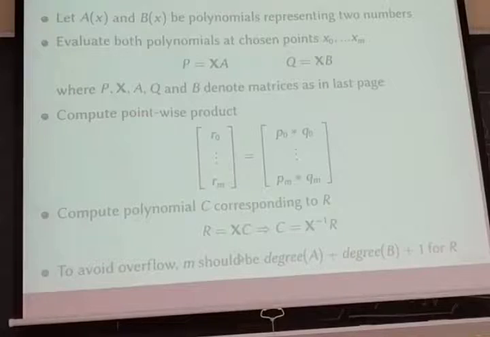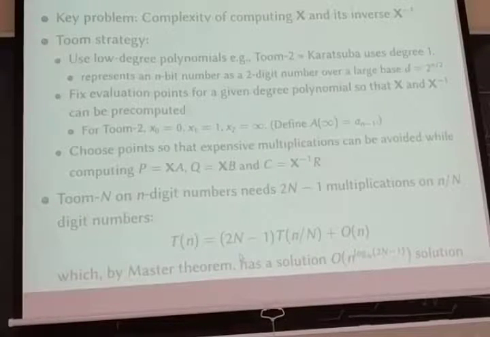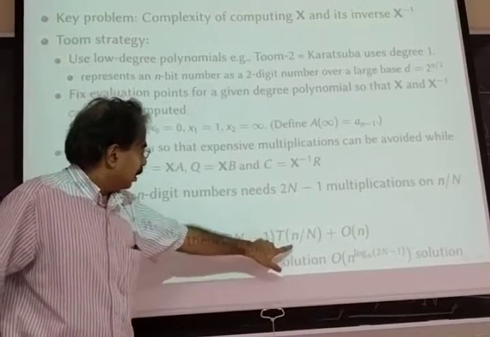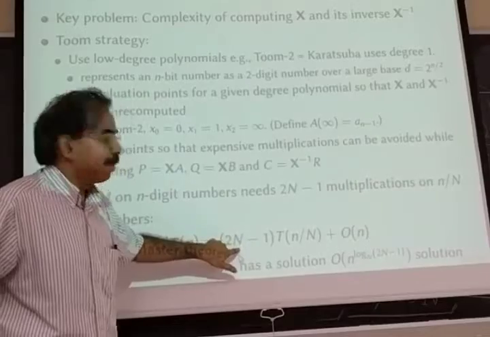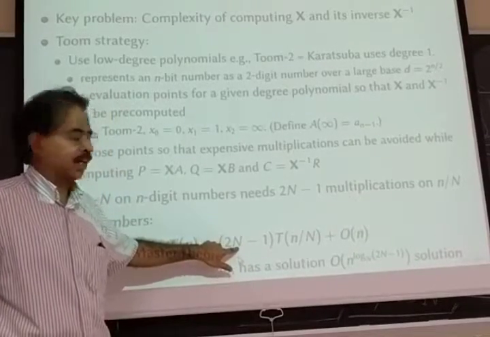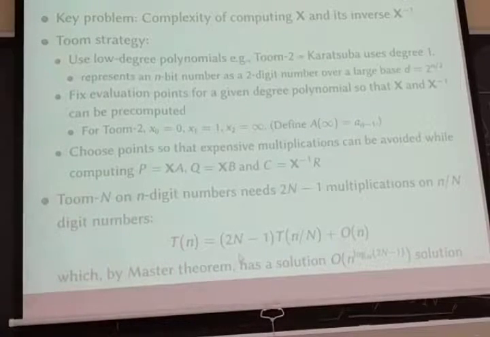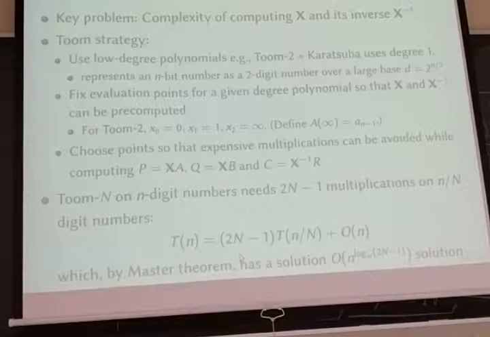So coming back, it's 2n minus 1 actually. It's not exactly 2n; you need to do 2n minus 1 multiplications. Let's understand this recurrence a little more carefully.